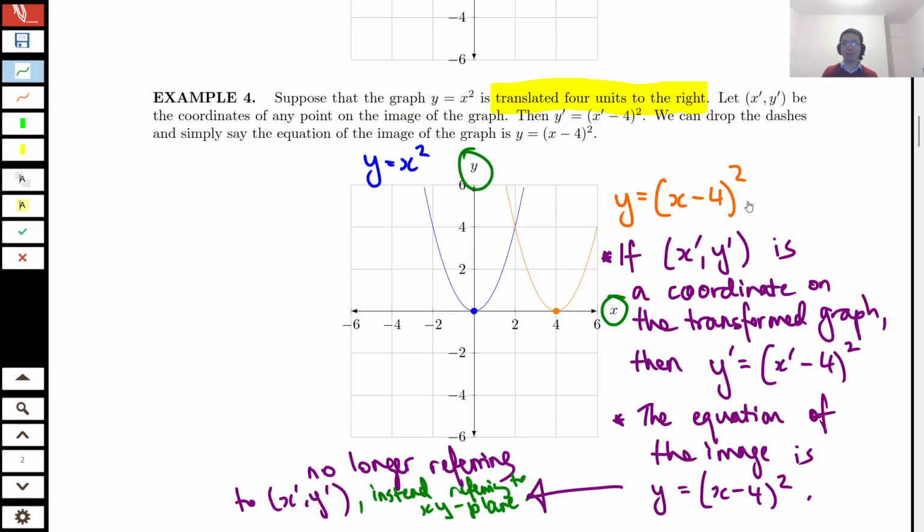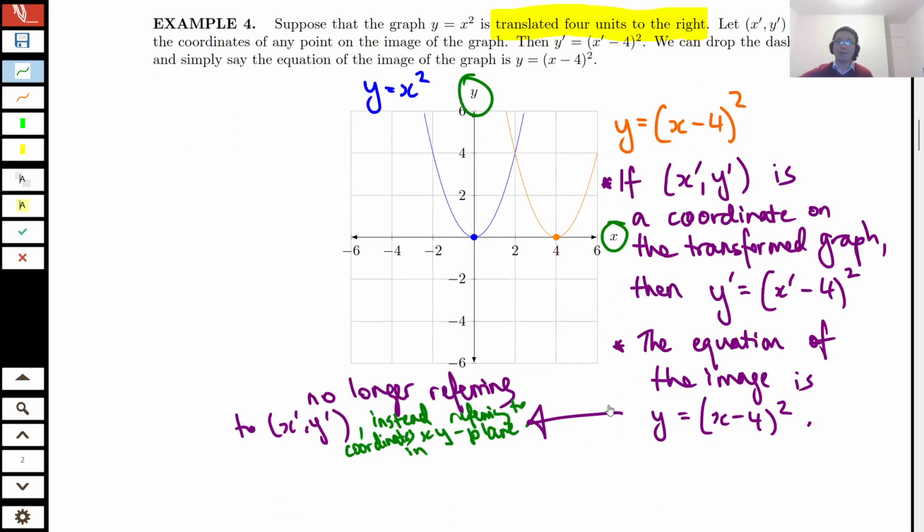If you're happy with that, what's going to happen in this topic is we'll do the calculation with the dashes and then we'll just drop them and move on. Okay? I took a few minutes to try to explain why we were allowed to drop the dashes, and this is my reason here. I'll say coordinates in the xy plane. Okay, I've had enough of that.